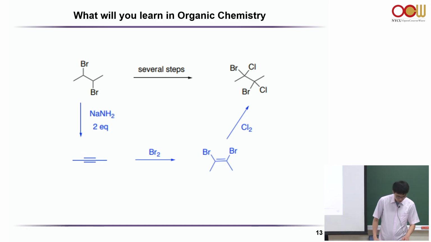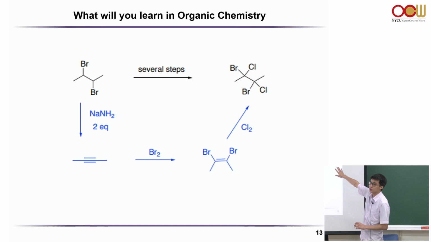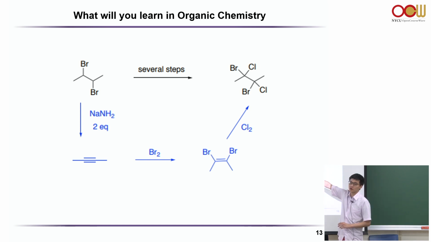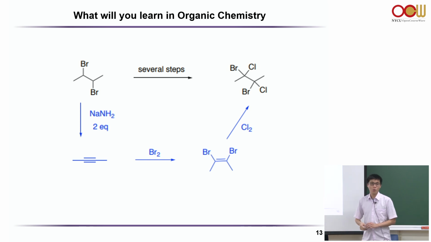So now let's talk about a few syntheses. In organic chemistry, you will be given a problem like this on your exam. This is to test your ability to recognize the functional group and think about what kind of chemical transformation you can do to the compound to change its structure.